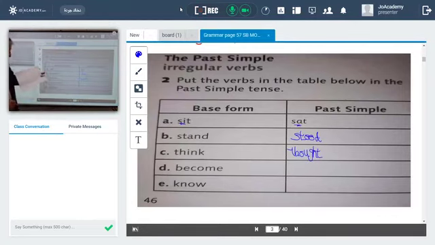The verb become becomes became. So we change the O into A. If we look, become will be on the left side of the activity book. Become becomes became.